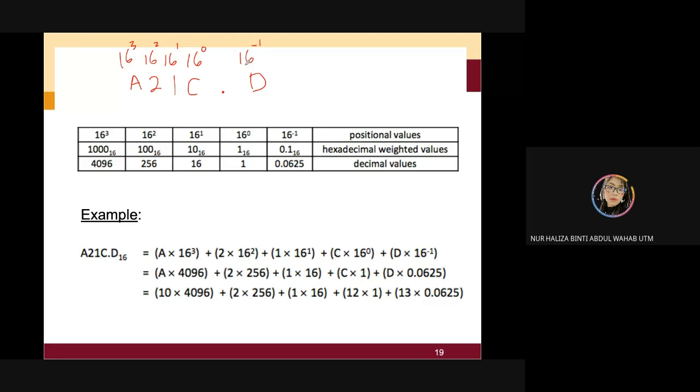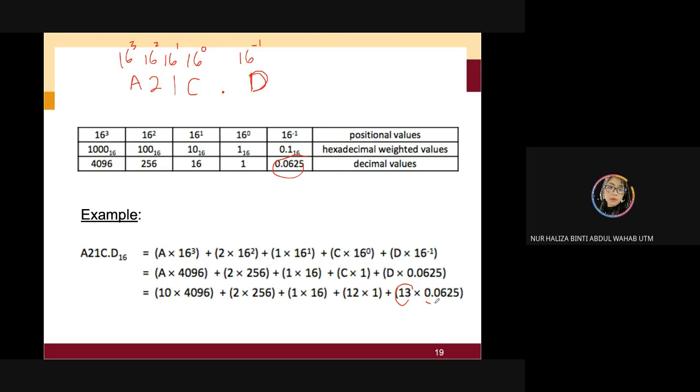So here, the value of 16 to the power of minus 1 is 0.0625. So you're going to multiply. D is 13, right? So you will get 13.